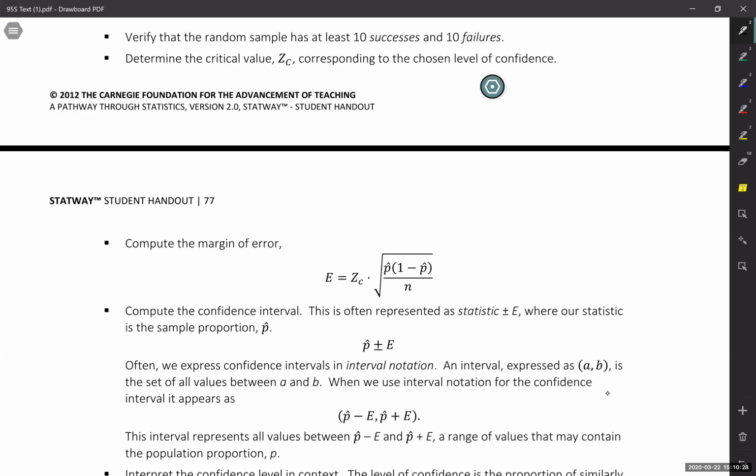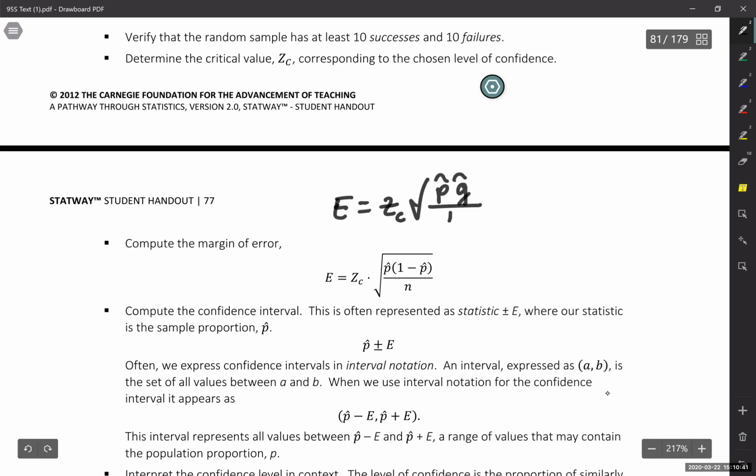So another way to say this is our margin of error E is Z times the square root of p hat times q hat over n, because q hat equals 1 minus p hat. It's the same thing with the binomial stuff we did in chapter 4 with the successes and failures. The whole thing totals to 1. So if you know the successes, then we can subtract from 1 to get the failures.